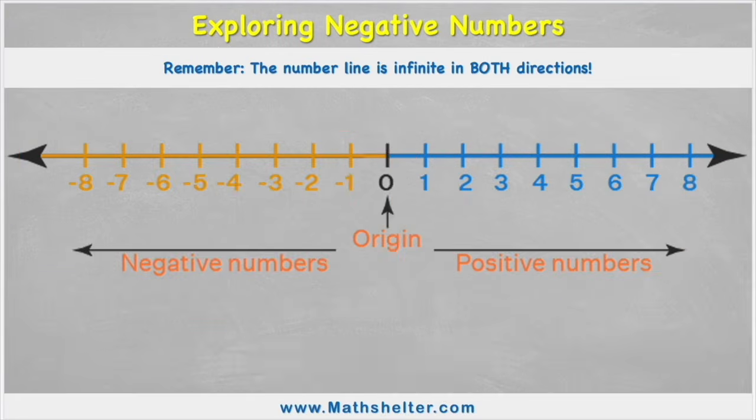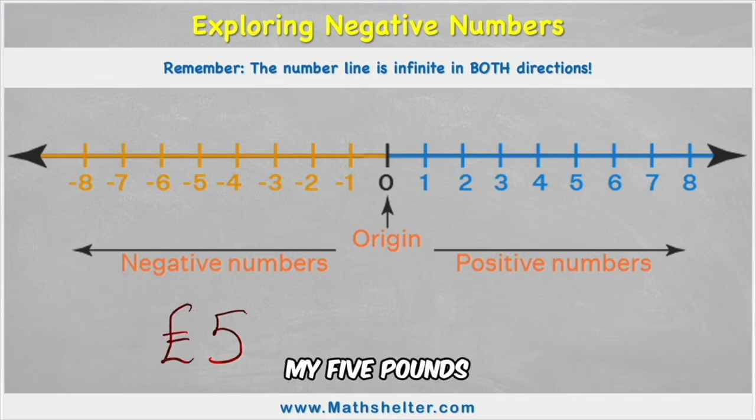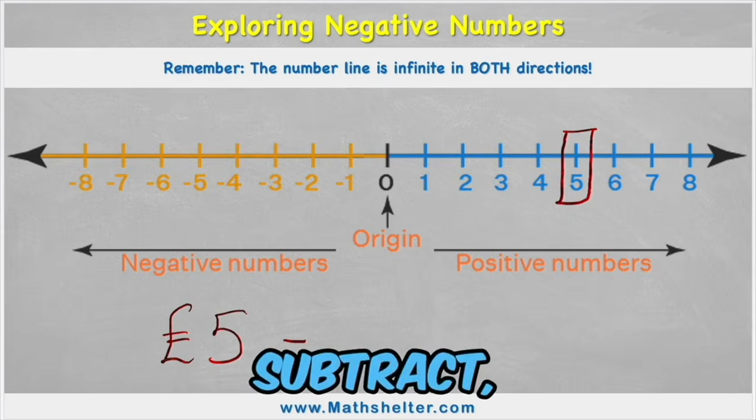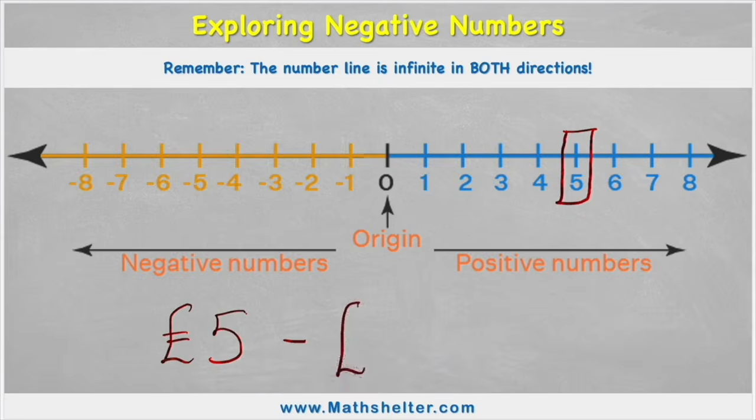So what is a negative number, and when might you see it? Well, let's imagine that I have £5. So I would find my £5 on the number line. There it is. But let's say, oh no, I owe my mum £10. That means I owe her, so I'm going to have to subtract £10.